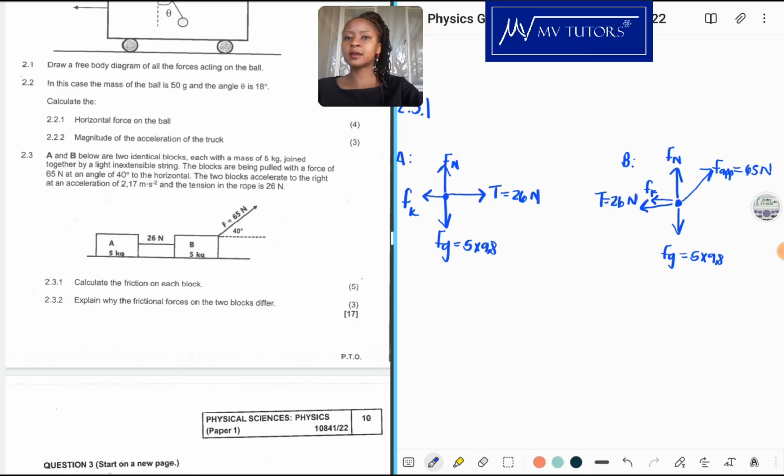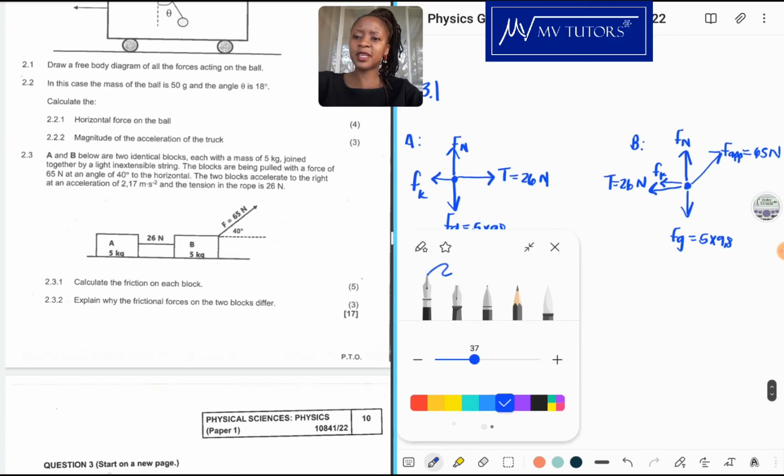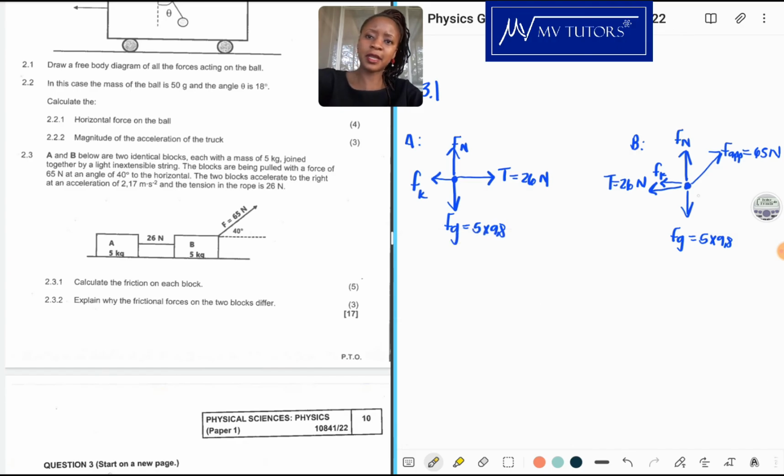And what else? You can resolve that force into its x and y components, but for now, let's just stick to what we have. Let me just rather do it now. So that's 40, right? So that's cos, so that's 65 cos 40, and that one would be 65 sine 40.